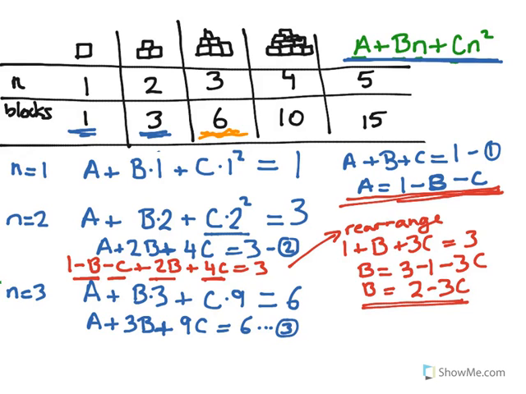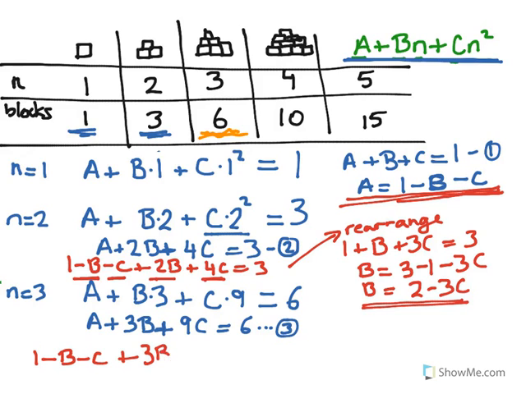Now I have an answer for a and I have an answer for b. And I put both of those answers into my third equation. Okay? So now it looks like there's going to be lots of letters here. Whenever I see a, I write 1 minus b minus c. Wherever I see b, I should write it equals 2 minus 3c. But we'll change that later so I don't confuse you too much.